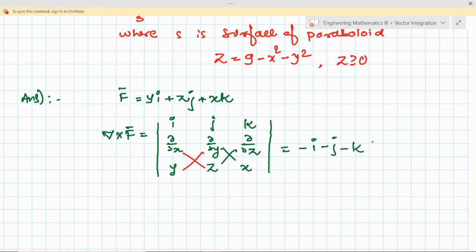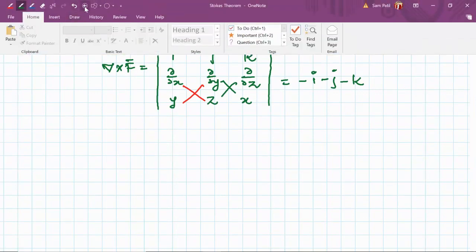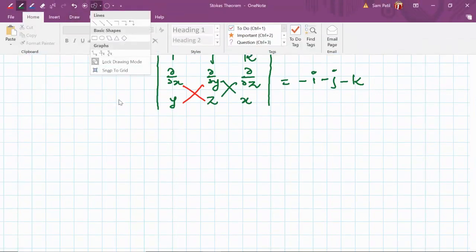Now, what is n cap here? This is very important. How do we find n cap? Let me explain everything about n cap, because n cap plays a crucial role while finding surface integrals.